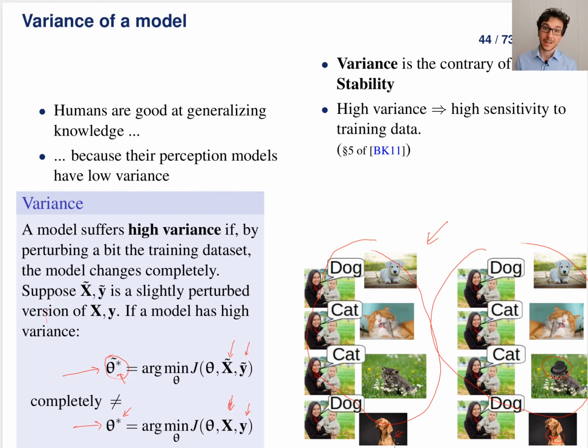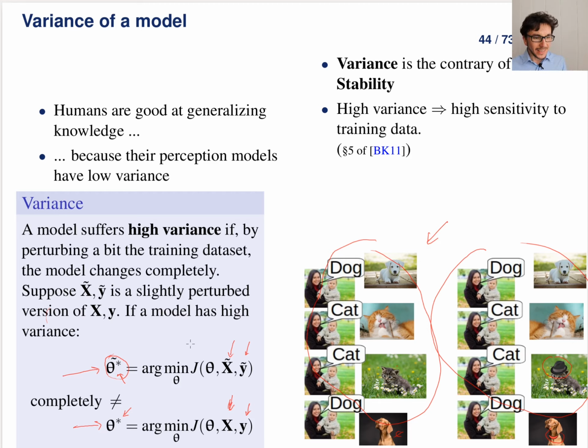Humans are robust, stable learners. They learn really the core, the meaning of things, instead of being too adapted to the small details. So learning is a process in which you have to forget about details, you have to be approximate and to learn in a gross way, let's say.